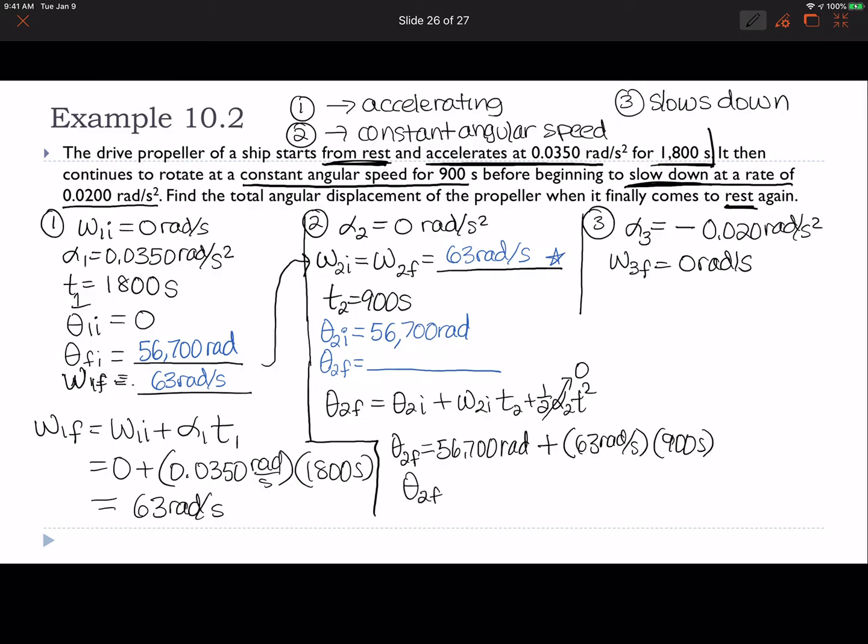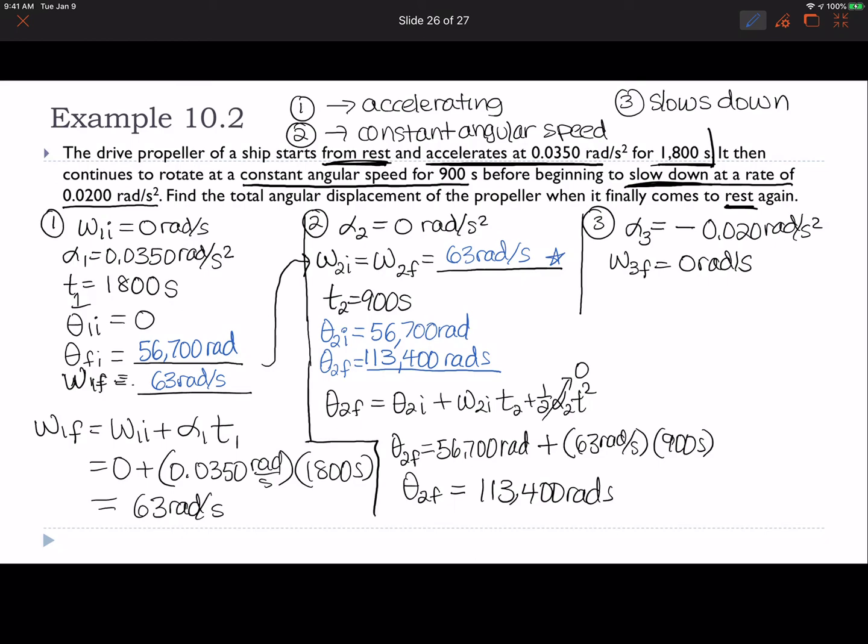And so I end up getting 113,400 radians. So I now know that after the second part of the motion, the total distance traveled angularly is 113,400 radians.